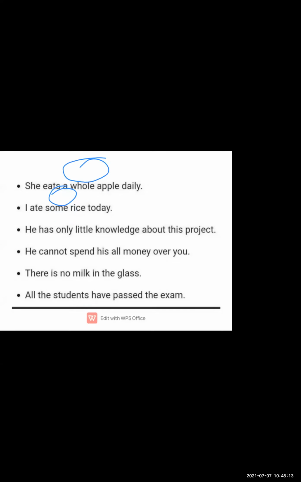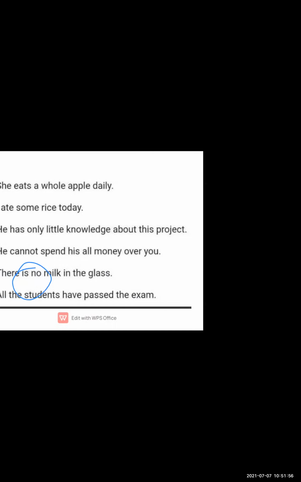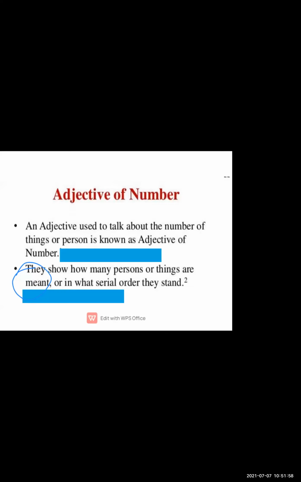Let me process further and see the other type of adjective. Okay, that is the adjective of number. Adjective of number is what tells about the numbers of things or persons. If you see that the adjective is describing with the help of a number, that is the adjective of number.